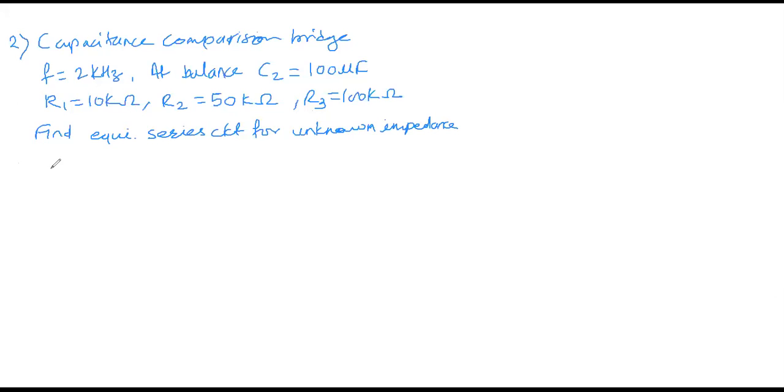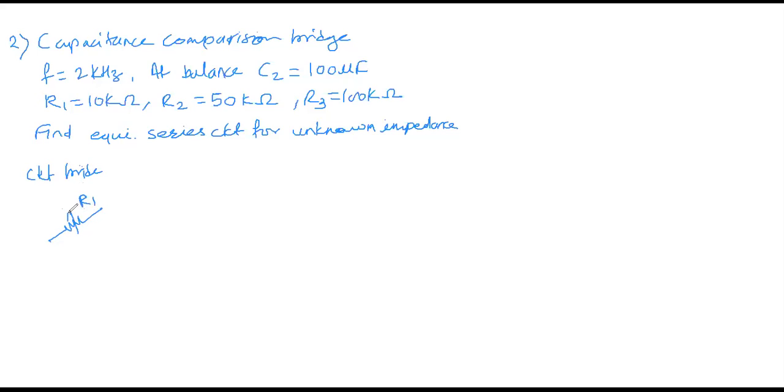We have to calculate the fourth arm of the capacitance comparison bridge. Okay. So first draw the circuit diagram for the bridge. Tell me the parameters of the first arm. What is the circuit diagram for a capacitance comparison bridge?